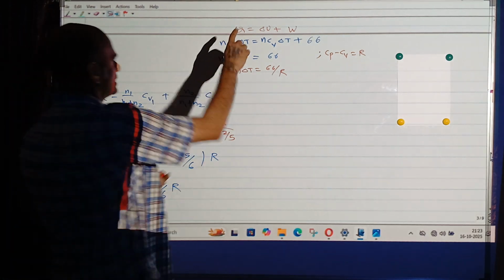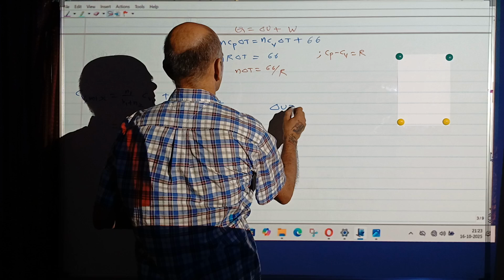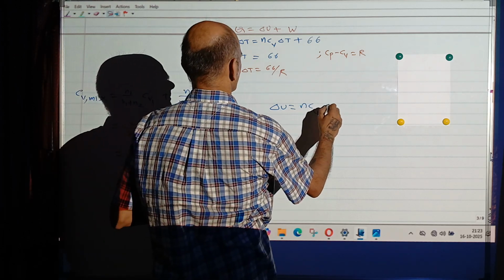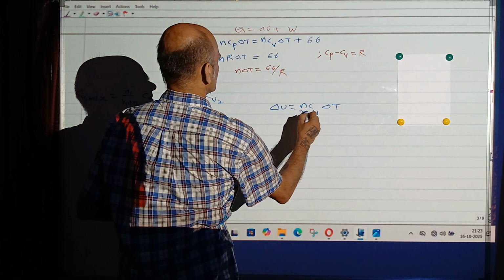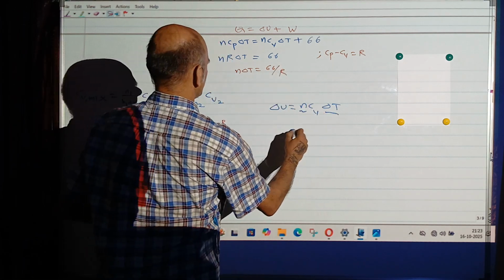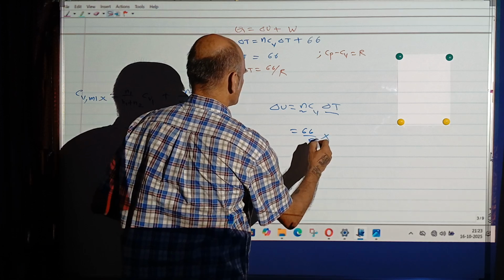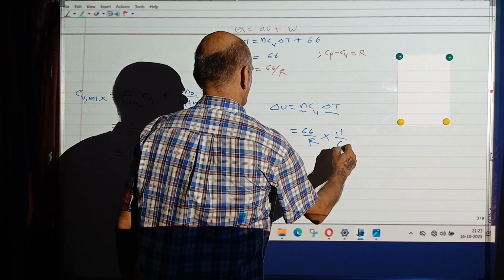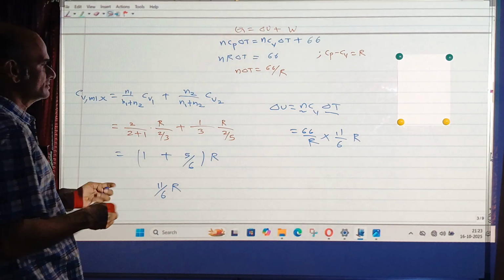You have to find the change in internal energy delta U, which is N Cv delta T. N delta T from here is 66 by R, and Cv of the mixture is 11 by 6 R. So R will cancel.